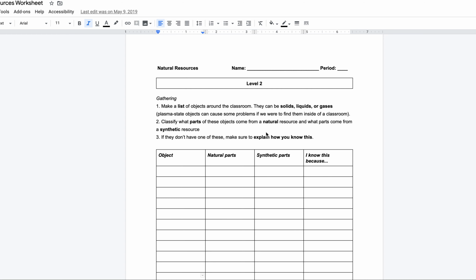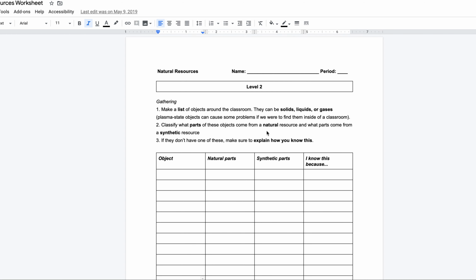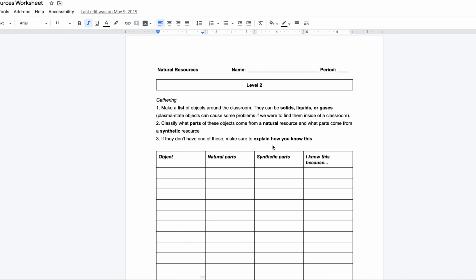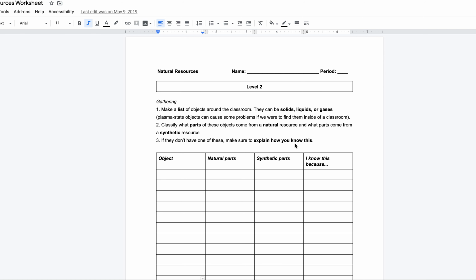A natural resource is anything that was made or formed without the intervention of a human, or rather, without direct intervention. Maybe some indirect intervention, yes, but without any direct intervention.